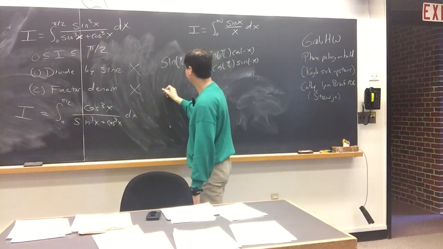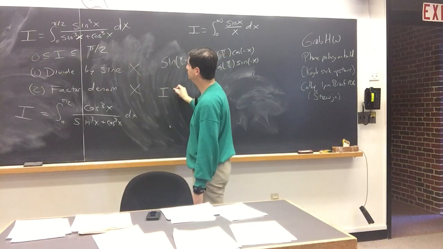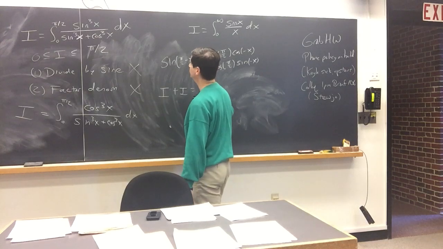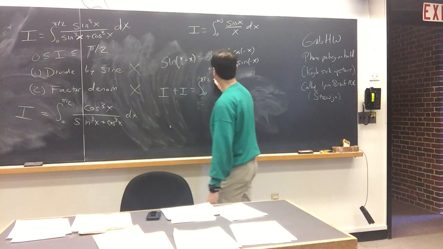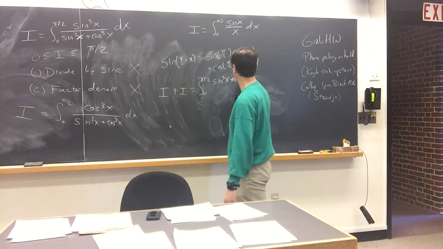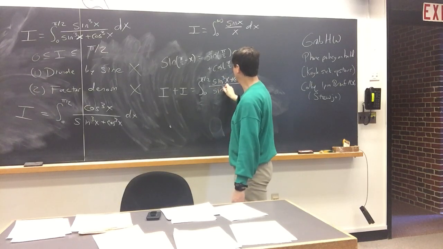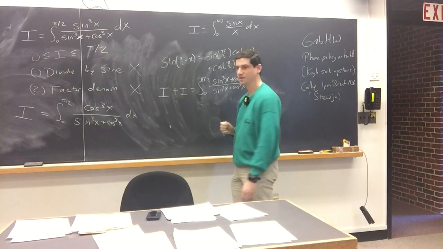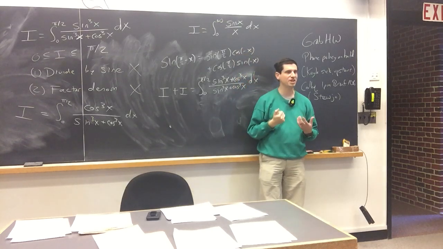And so what we get is I plus I is the integral from 0 to pi halves of sine cubed x plus cosine cubed x over sine cubed x plus cosine cubed x dx. And this is one of the easiest integrals I can give you.